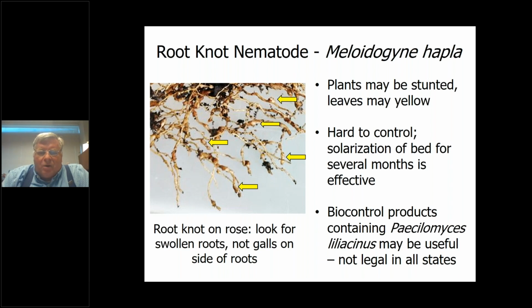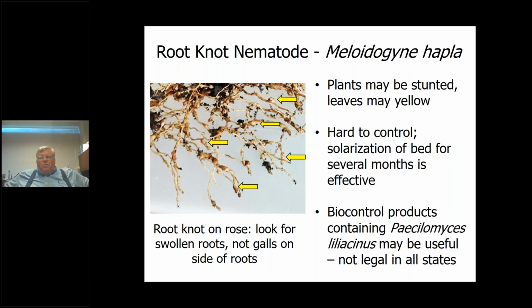Lord have mercy, it can even go to a dogwood. But it's not necessarily the same species. But one of the things is that the plants will just not be very vigorous. You can add fertilizer, irrigation, they're in full sun, but they just don't seem to grow. You dig them up and you find these swollen roots. And that's a good sign that you're dealing with root knot nematode.